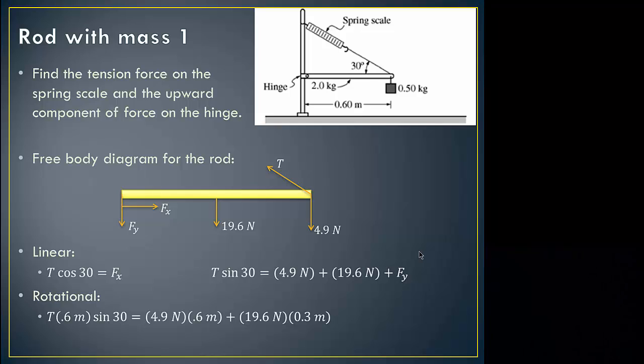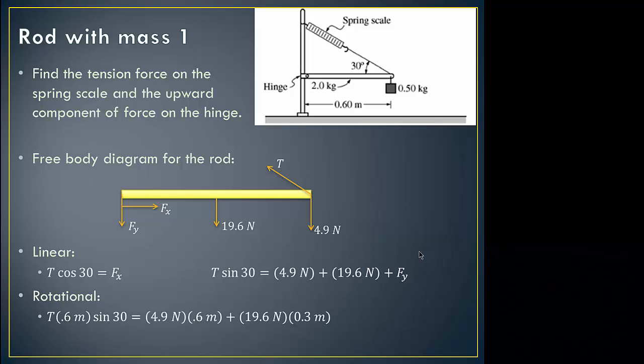For the linear equations, my up forces equal my down forces, and my left forces equal my right forces. Unfortunately, I have three variables that I don't know. I don't know tension.